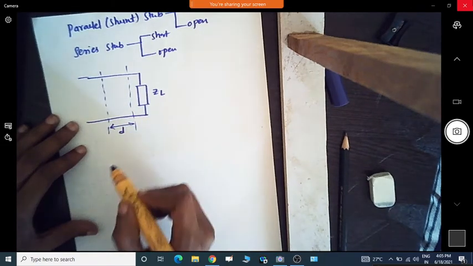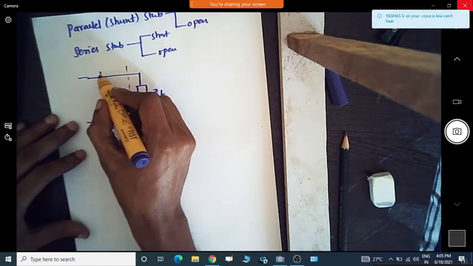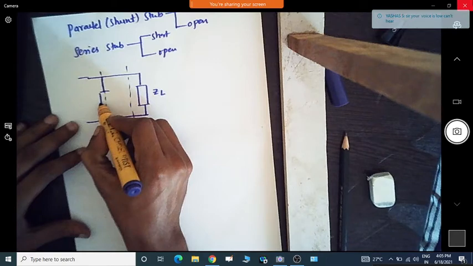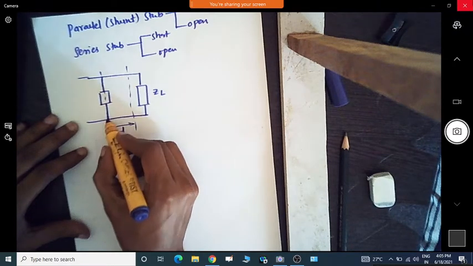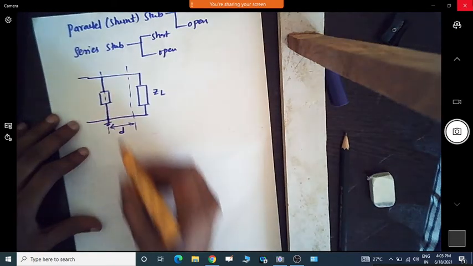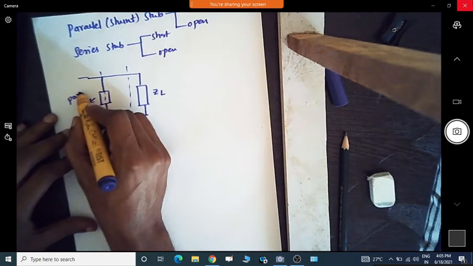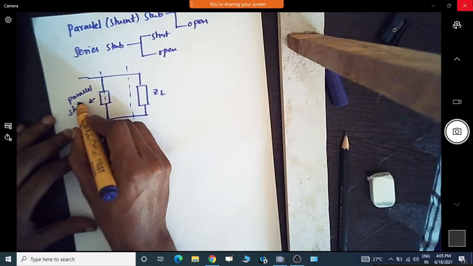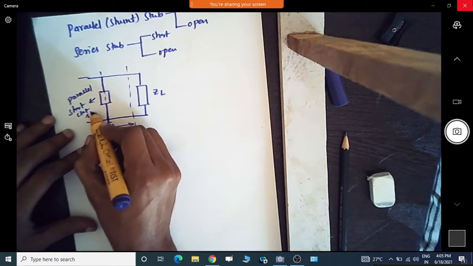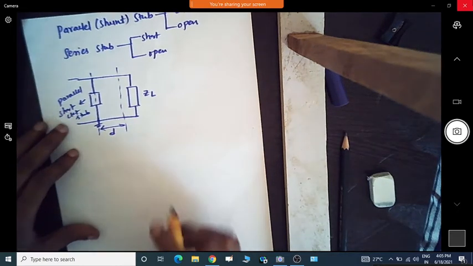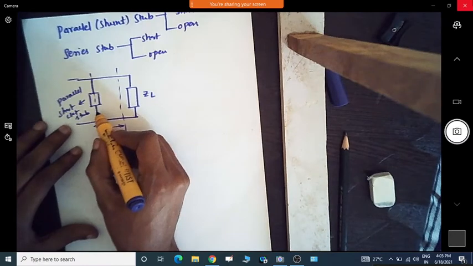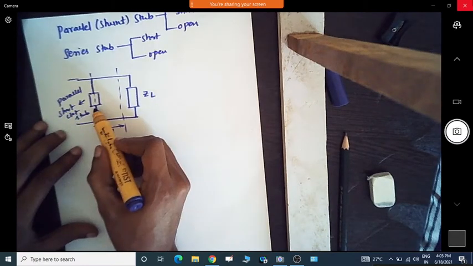Now let us take at this point we have the short circuited stub. So this is shorted. Now we can take this one, it is nothing but a parallel or shunt short circuited stub. So this is one case. Similarly, if I put open, here it is a parallel open stub.